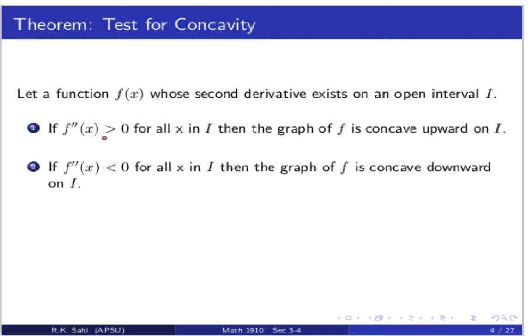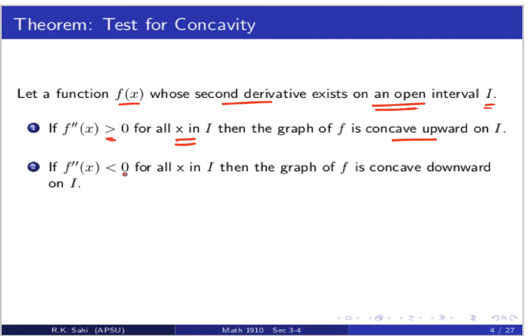What this theorem says is that if a function f(x) has second derivatives on an open interval I, and if the second derivative is strictly greater than 0 for every x in I, then the graph of the function is concave upwards.